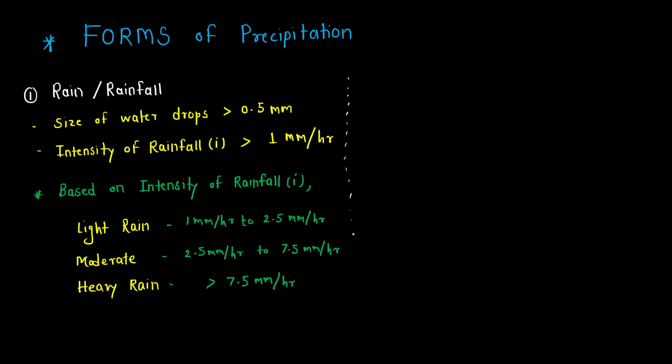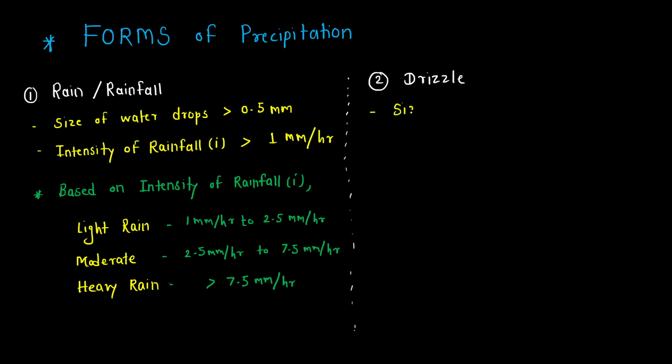Now the second one is relatively easy, so we'll write it here only. It is called drizzle. Drizzle is also a type of rainfall only. The only difference is that the size of water drops is less as compared to raindrops and the intensity is less than 1 mm per hour.